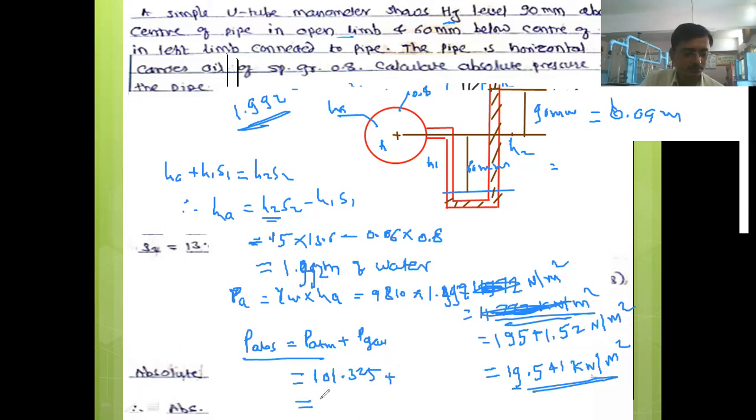Do the addition: 101.325 plus 19.541. How much has it come? 120.866 kilonewton per meter square. Okay, so this should be our answer.